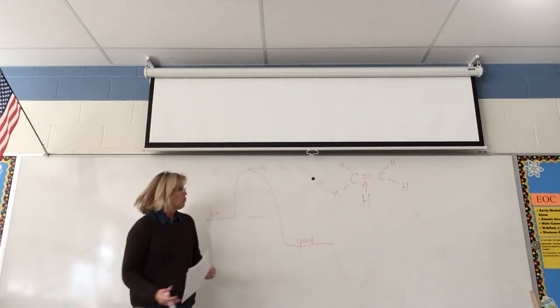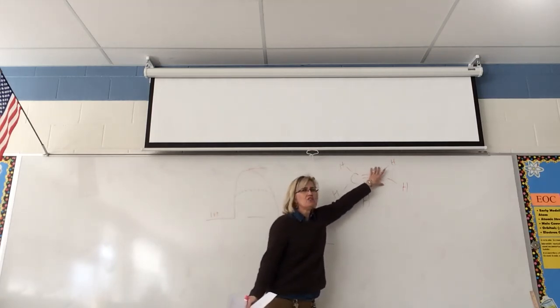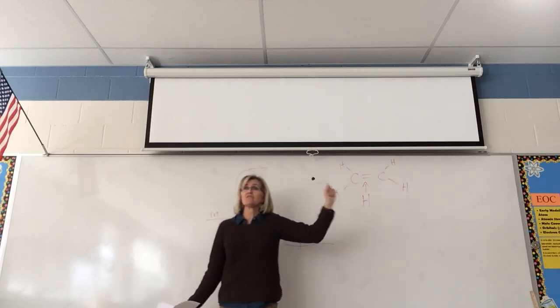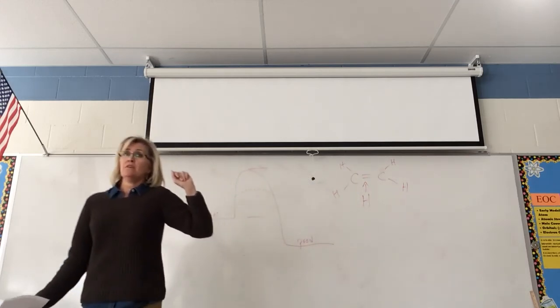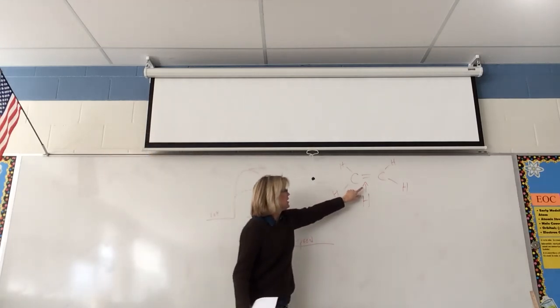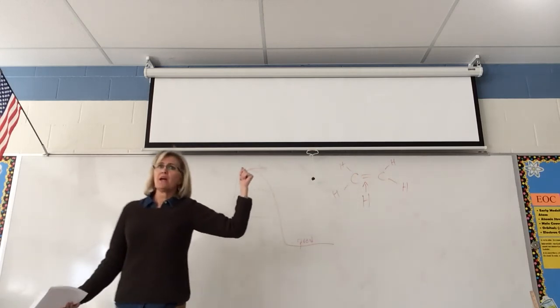All right? Well, what a catalyst will do is maybe change the nature of this to where this hydrogen can hit other places and still be effective. Okay, if all of a sudden you don't have to hit just here, but you can hit here, here, or here, does that speed up the reaction?